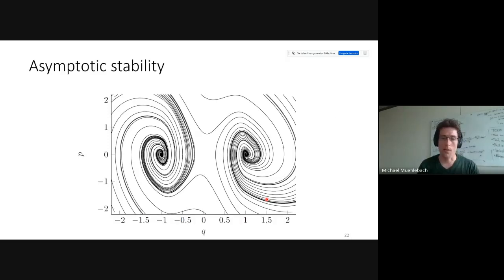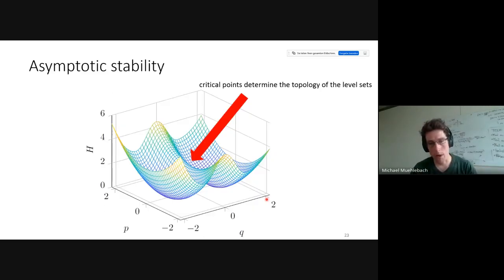Here's a picture when we add some more trajectories. One way to get an idea of the region of attraction is clearly to look at the energy function, because in continuous time we know that energy is dissipated along the trajectories.